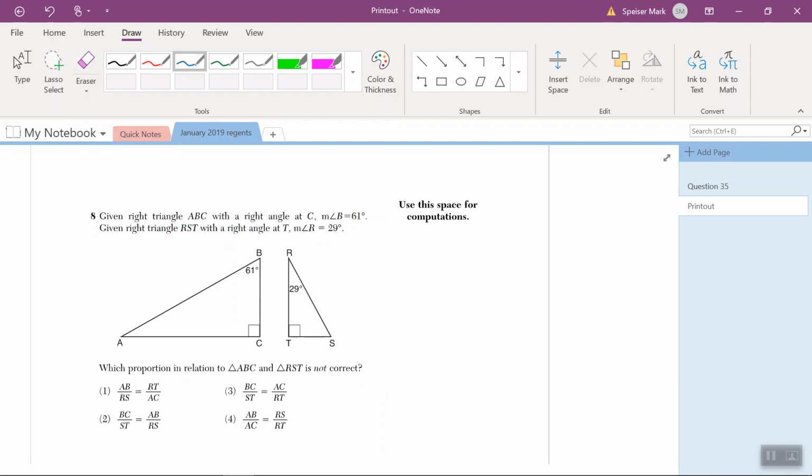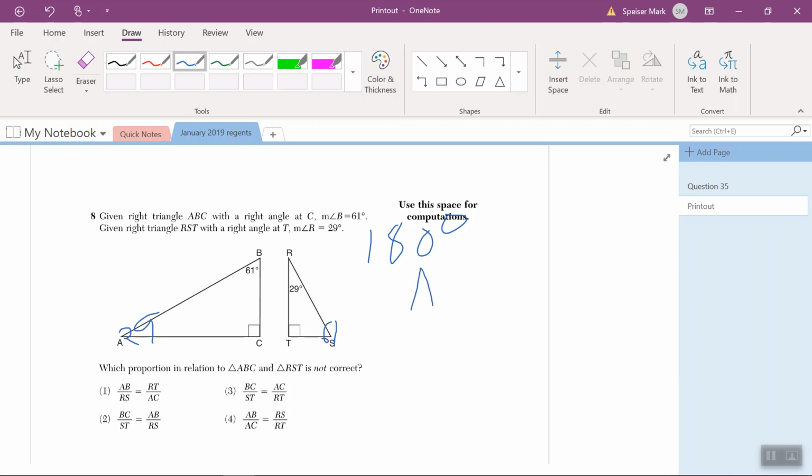So let's get these triangles to match up. Well, a triangle has 180 degrees, so if C is 90 and angle B is 61, angle A has to be 29 degrees, and angle S is 61 degrees.